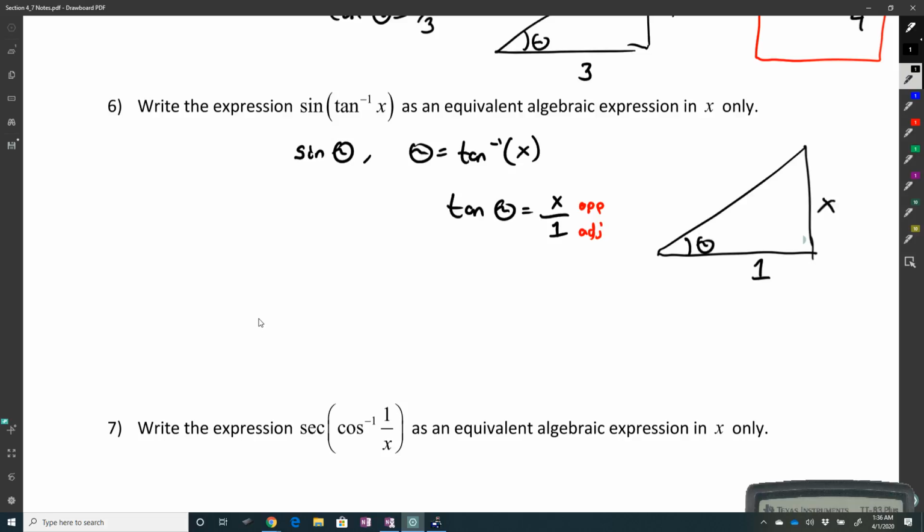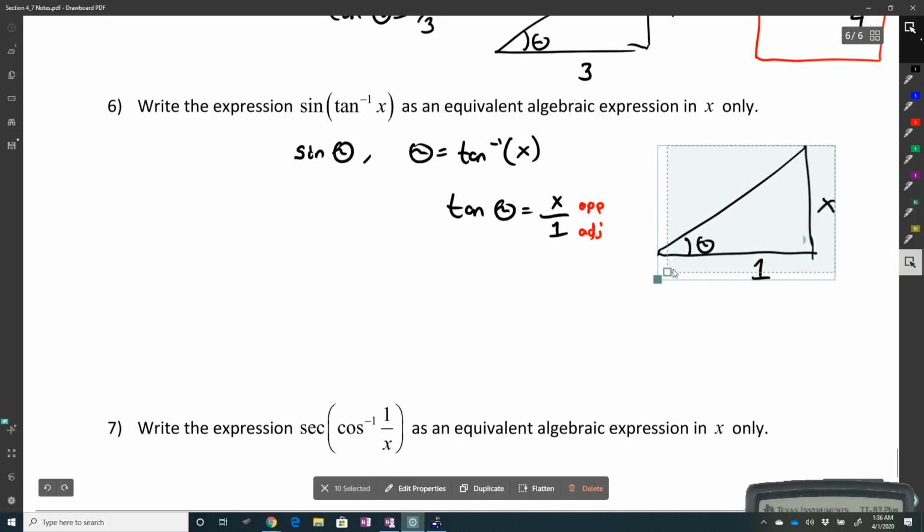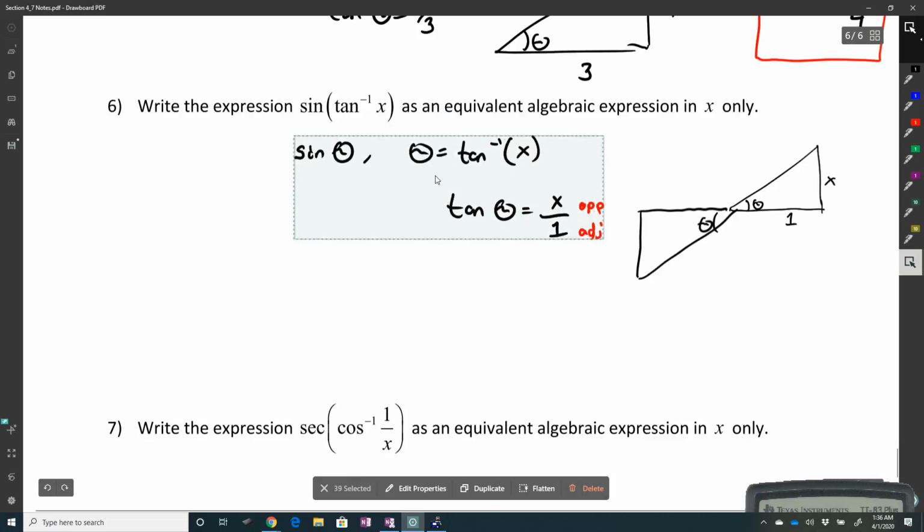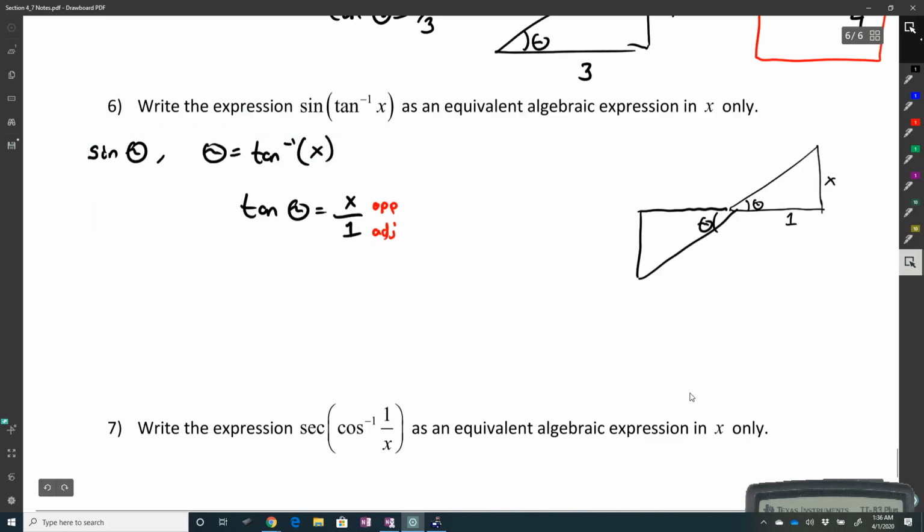All right. Now there's 2 ways this could have happened, so I want to address both ways. Because the only one that's guaranteed to be positive is the hypotenuse, another possibility for this would be if they were both negative. So there's 2 ways that the answer could have equaled x.